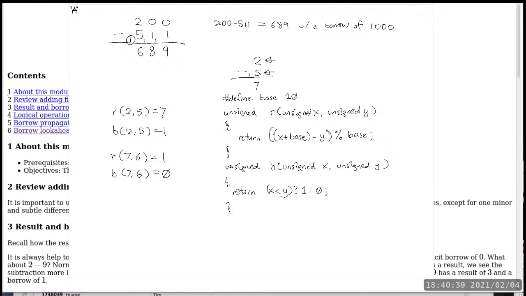All right, so 1, 2 plus 10 minus 5 mod 10 return a 2. No. Why would it return a 2? All right, there we go.